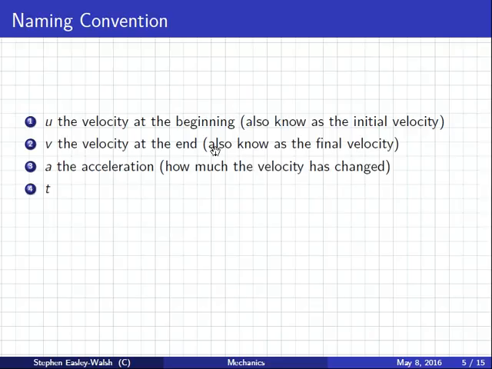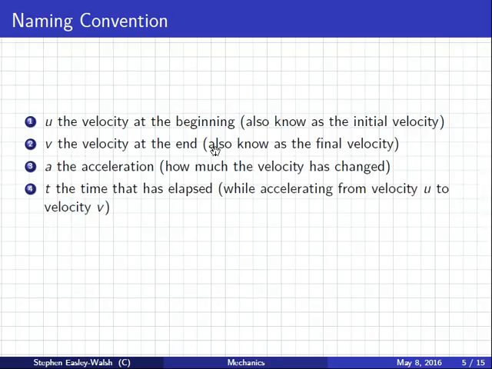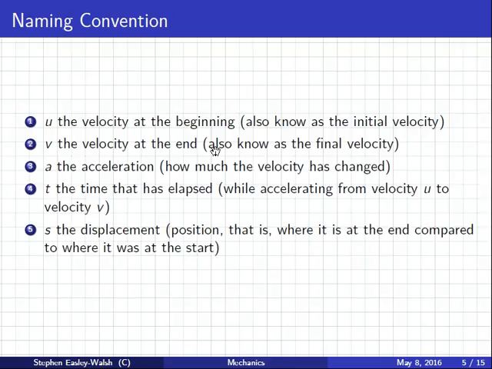T is the time while accelerating from U to V. And S is not quite distance, it's displacement, the position, that is, where it is at the end compared to the start.